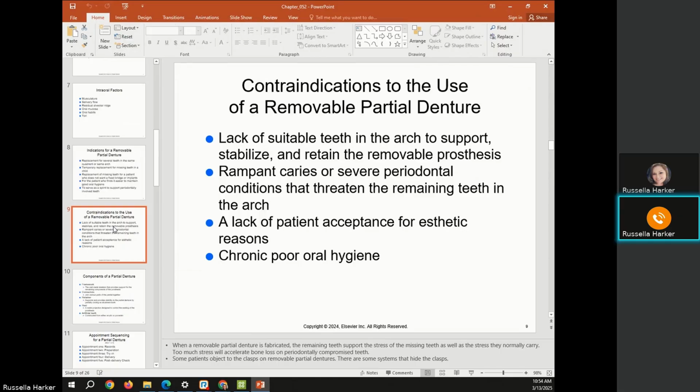They may want it to look very natural so that no one knows that they have replacement teeth. Or if they have chronic poor oral hygiene, the other remaining teeth are eventually going to decay and have to be taken out as well.